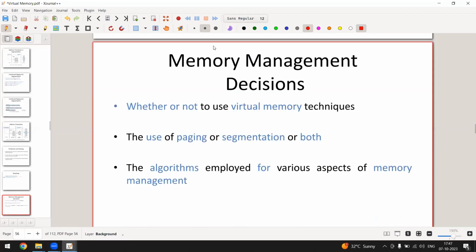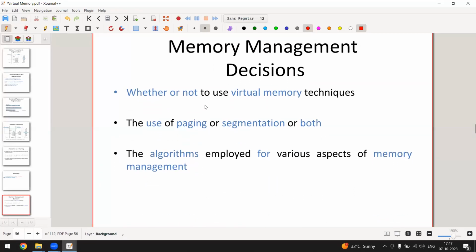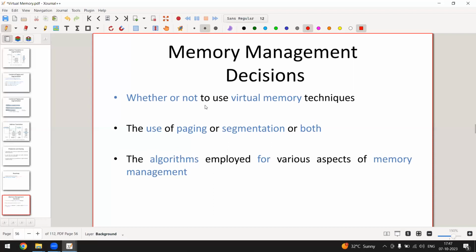What will be our point of discussion? Before that, we just look at the decisions that we take when we use virtual memory. The first decision is very simple: whether to use virtual memory or not. Whether we should use virtual memory in our system or not.